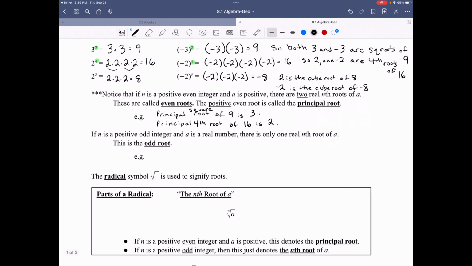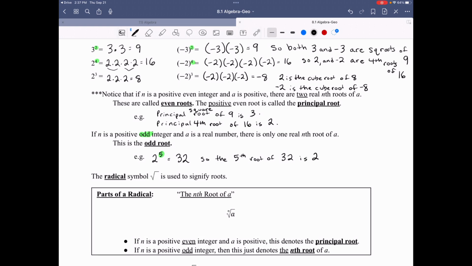If n is a positive integer and a is a real number, there is only one real nth root of a. This is the odd root. For example, 2 to the 5th, because it's odd, right? The 5th is odd. 2 to the 5th is 32, so the 5th root of 32 is 2.